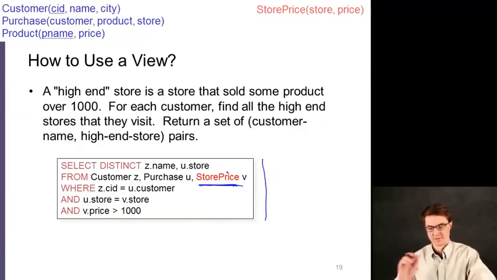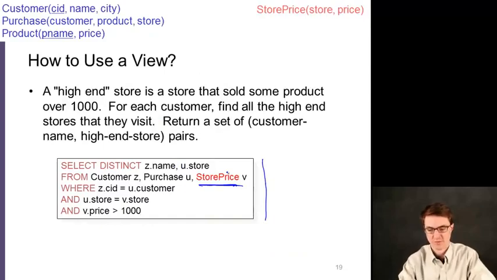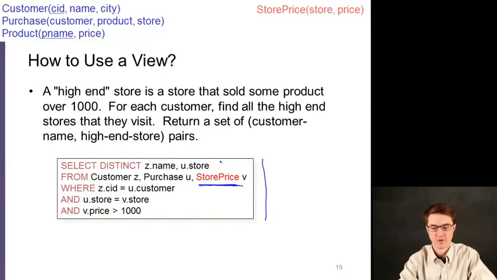And okay, how is this actually evaluated? Well, that's what's really fantastic about databases: this query will just be folded together with the view definition and passed to the database, where the whole thing is optimized in one go.